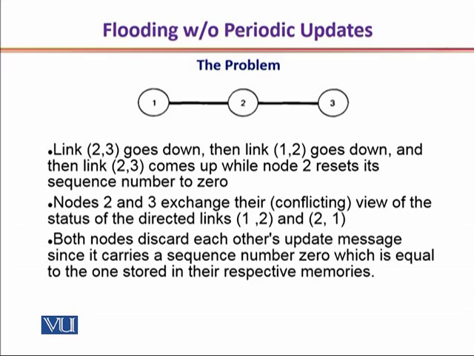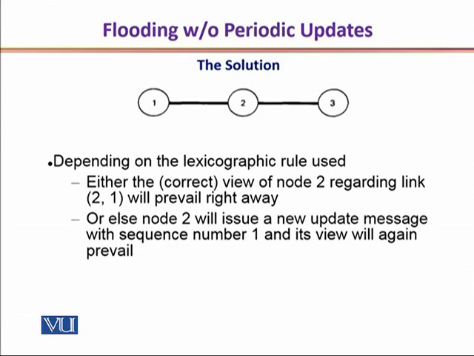Nodes 2 and 3 exchange their information about the status of the link 1 to 2 and 2 to 1. It is interesting to note that both of these are going to use the sequence number 0. Now in that case, both of them are going to discard the updates sent from each other, because both of them carry the same sequence number. So the problem which arises is that the network updates are not incorporated in their memories.